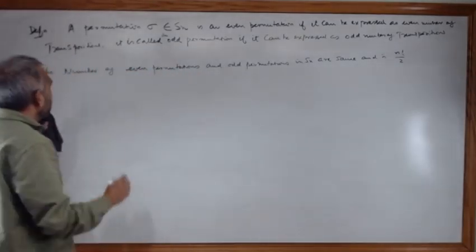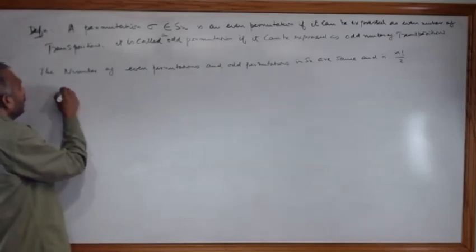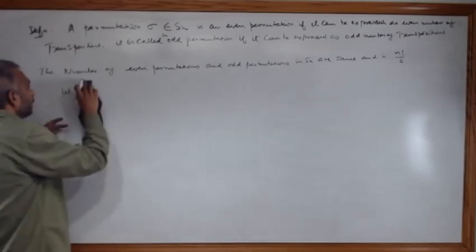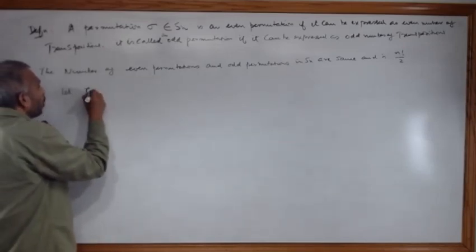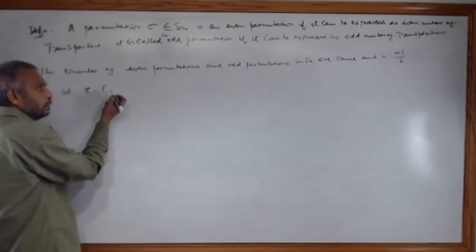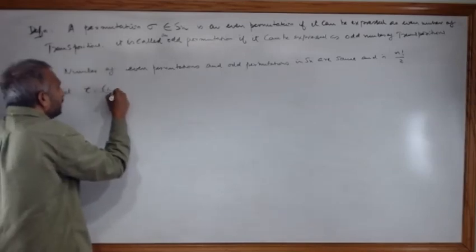So this is a very simple result. The proof goes like this. Let tau be any valid transposition in Sn. Let's take (i j).